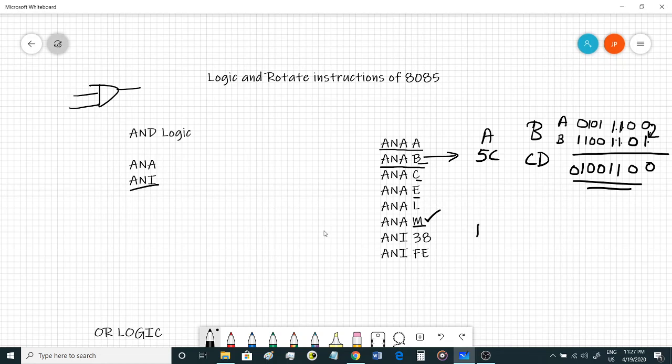So the contents of A will get ANDed with the immediate data 38H. 38 is a hexadecimal number. Similarly, you can AND with other numbers like FE, or whatever number you want to give, and AND it with your accumulator. So this is for the AND logic, ANA or ANI.